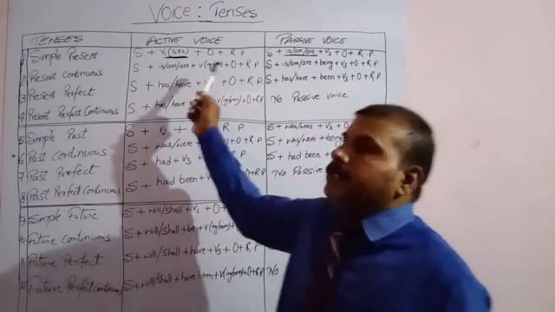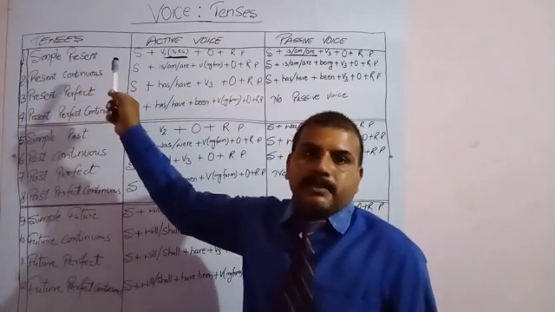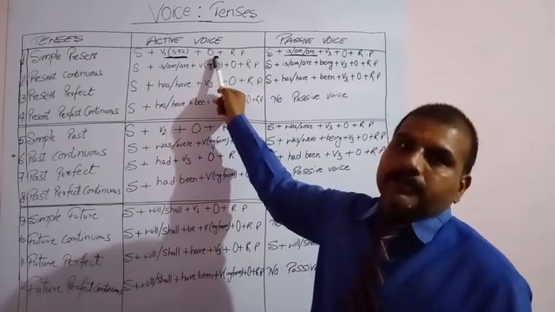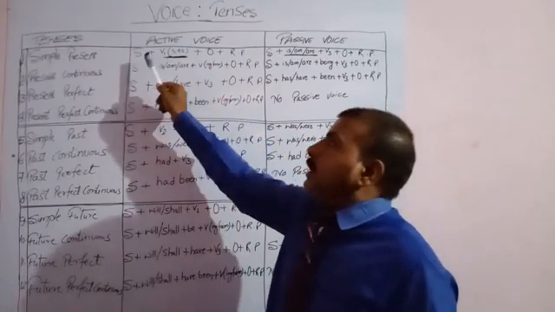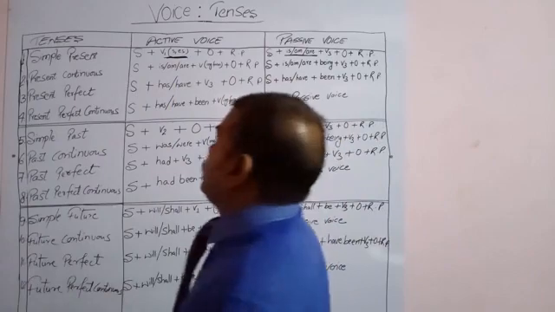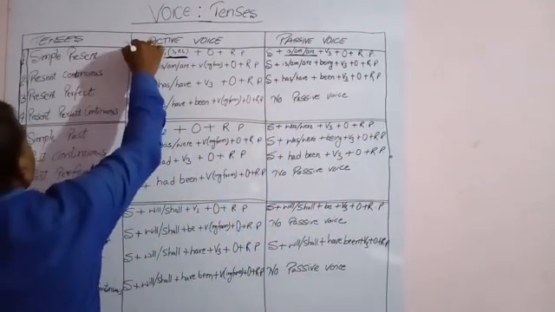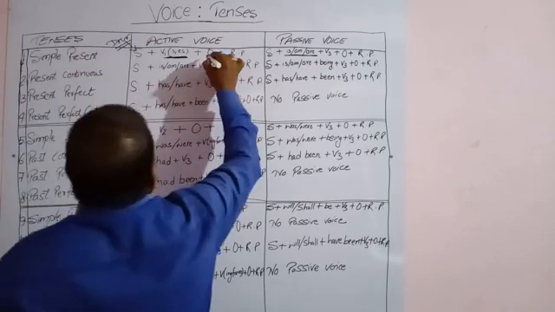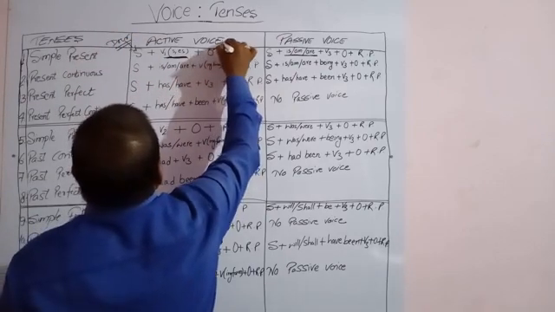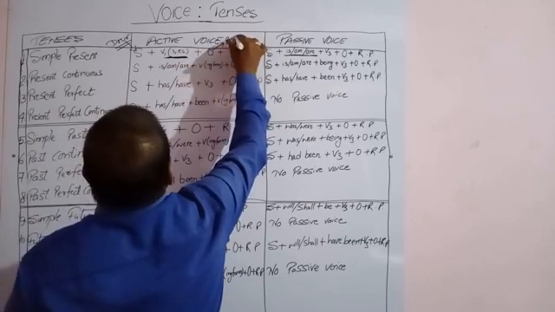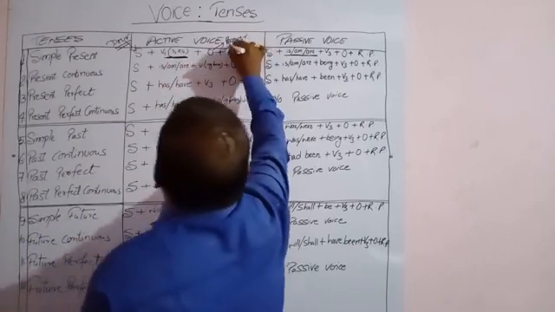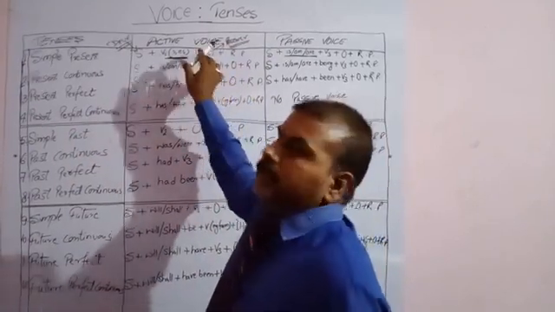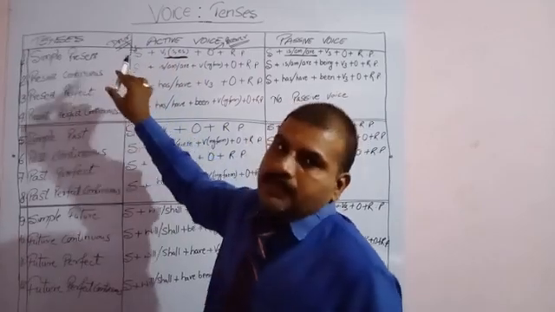In active voice, the doer of the verb becomes the subject and the receiver of the verb becomes the object. So here the subject denotes the doer, and the object denotes the receiver.